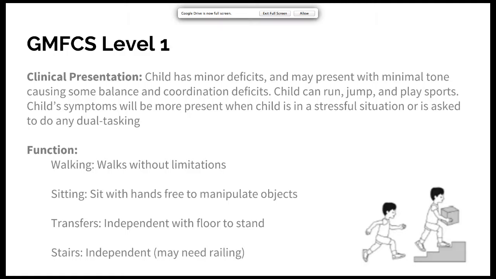It is important to note that although, as we learn, cerebral palsy is a non-progressive disease, the child's tone may increase in particularly stressful situations or when they are doing more than one task at a time, which is called dual tasking. For example, if you refer to our picture in the corner of the page, you will see a boy climbing the stairs while holding the box.